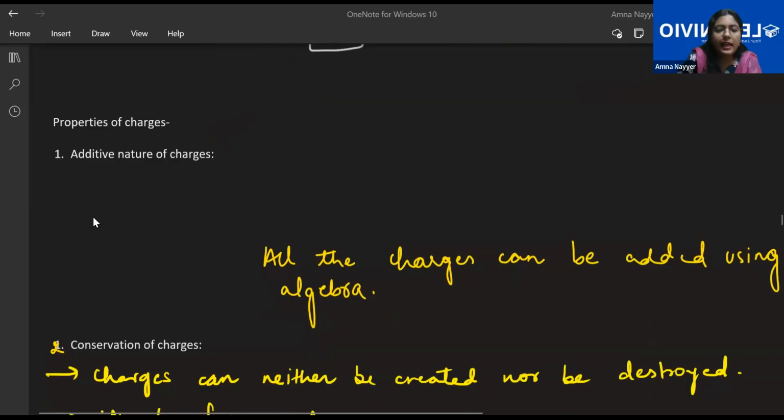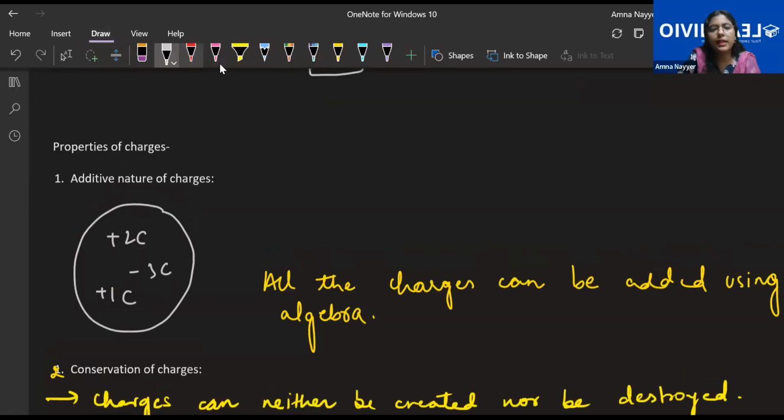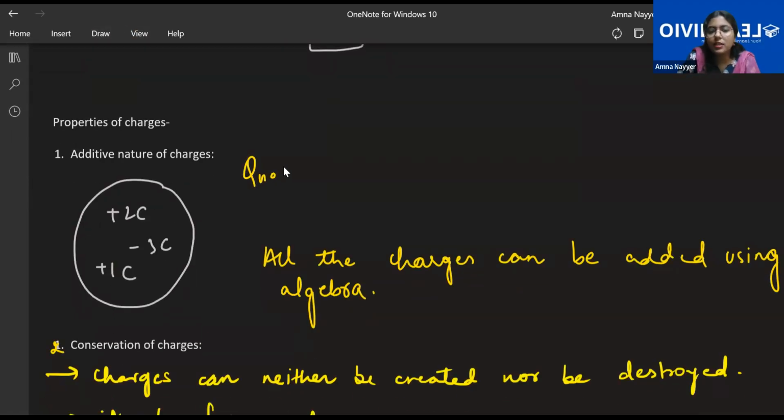Like if I have a body and there are a few charges, let's say plus 2 coulomb, minus 3 coulomb, plus 1 coulomb, many charges are present. When I have to calculate the net charge, charges have this property that they can be added using algebra.